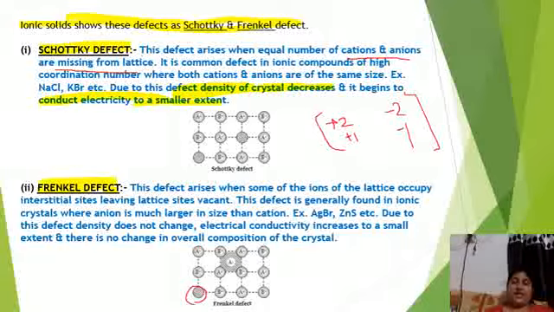It is removed from here and inserted into an interstitial site. So overall there will be no change in density, and no change in composition of the crystal. It only leaves a site vacant.